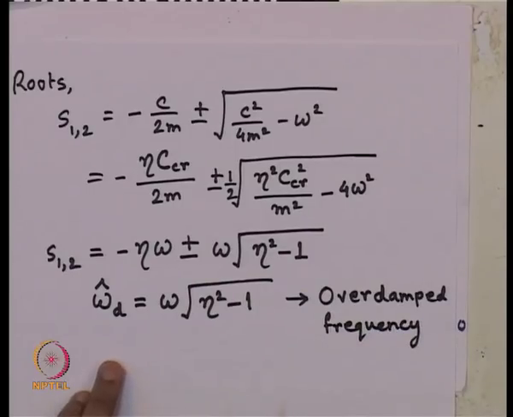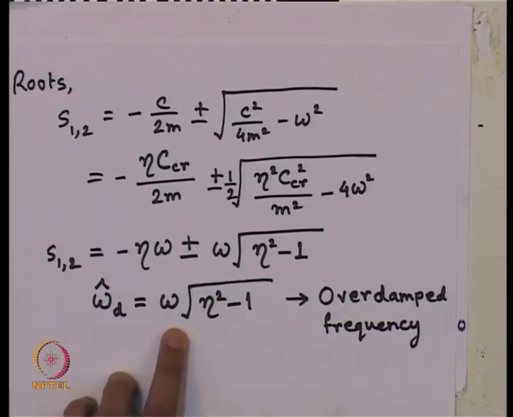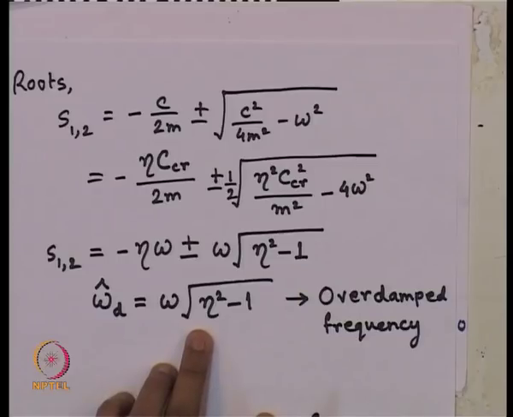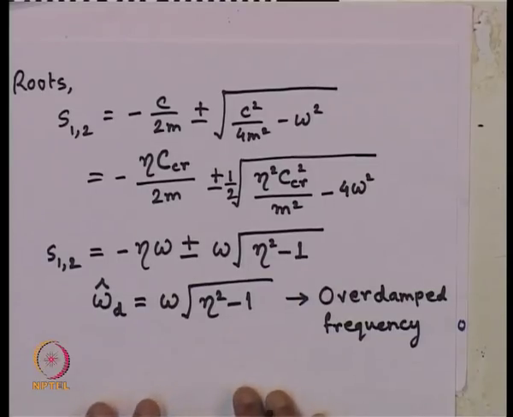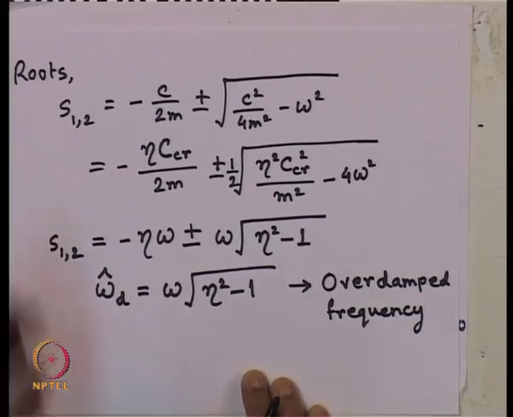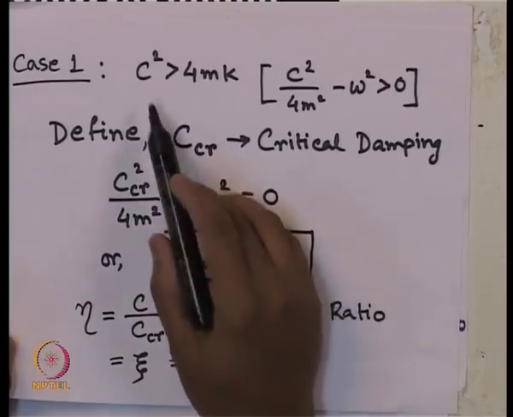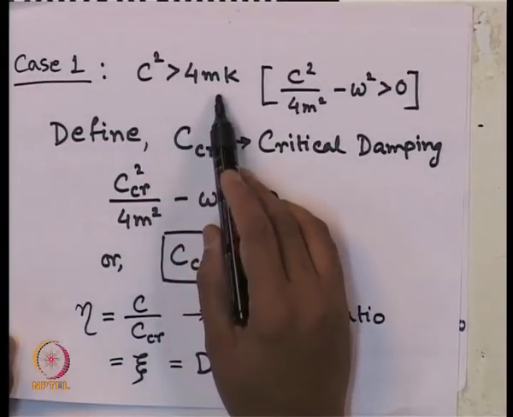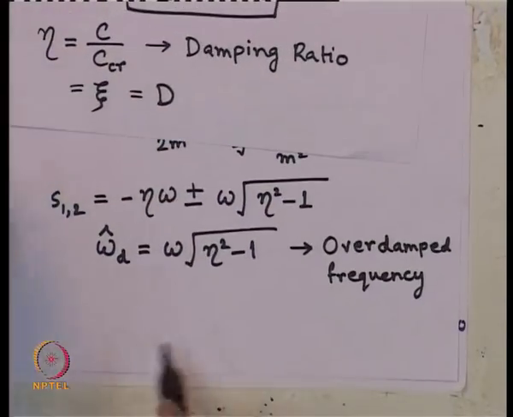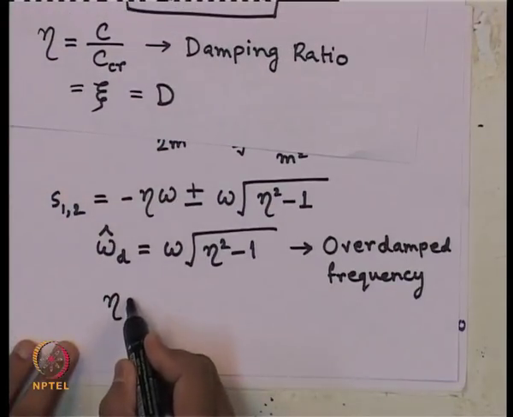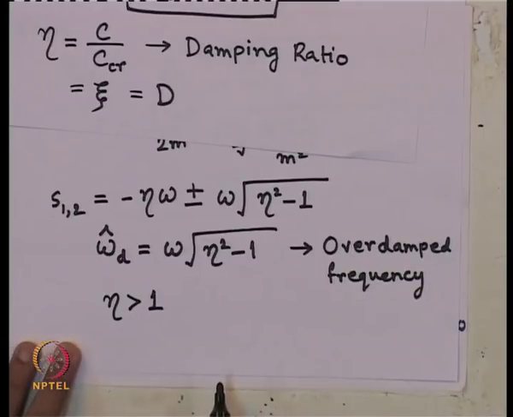So, the overdamped frequency omega d cap is defined as omega times root over eta square minus 1, and for this condition what we had, c square is greater than 4 m k. What does it mean? We have the value of eta greater than 1.